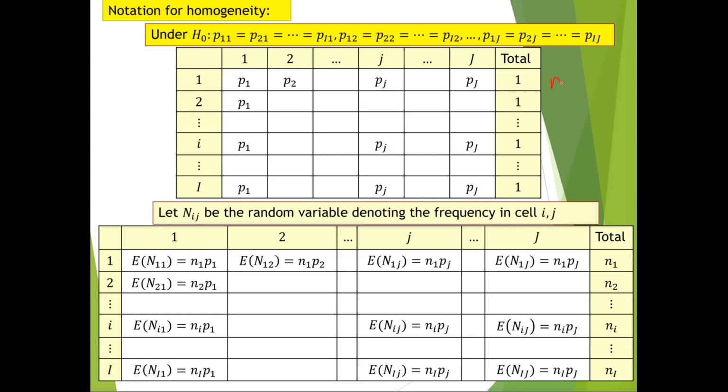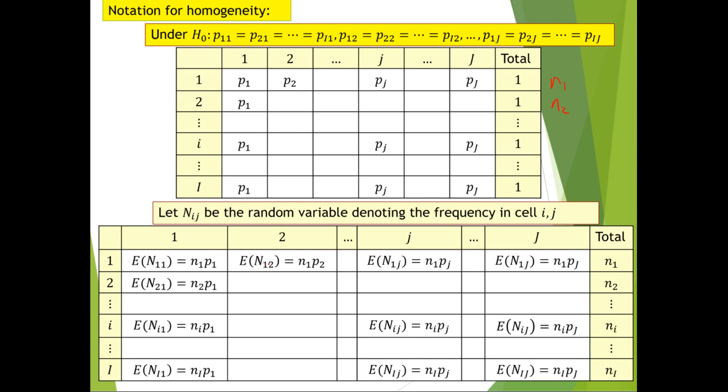Remember, this was N1, N2, and how do we get expected frequencies? We multiply the theoretical probability with the total number in that sample. So therefore, the expected value of this N11 in cell 11 is N1 times P1.